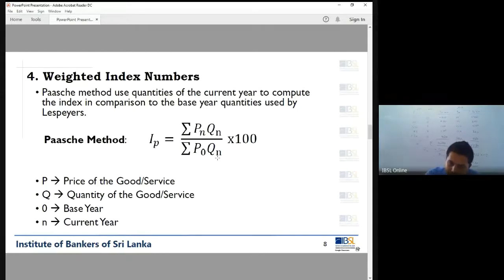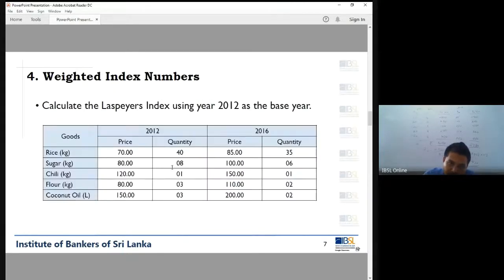Rather, we're just taking the Qn here. Qn is the most current year's quantity. So in the earlier example, these quantities of 40, 80, 1, 3 and 3 are no longer valid for the Paasche method.